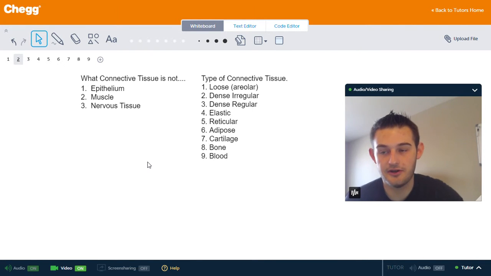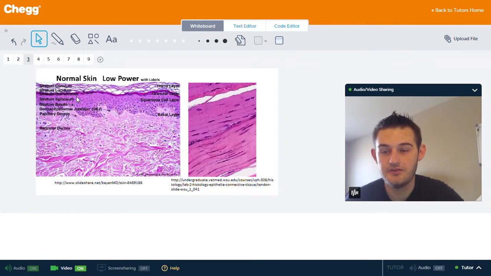So let's get started. If we look here, we have a histology slide of normal skin. And over here I have a slide of a tendon, so what connects muscle to bone. If we look here at the papillary dermis layer, or this pink layer here, we have what's called collagen. And that's what's making this layer pink.